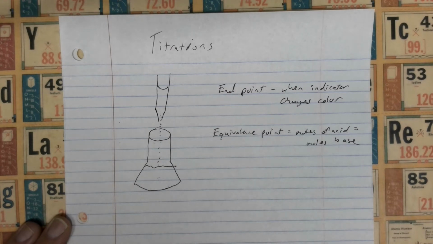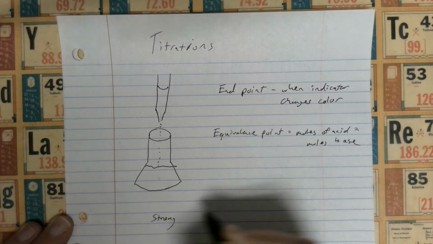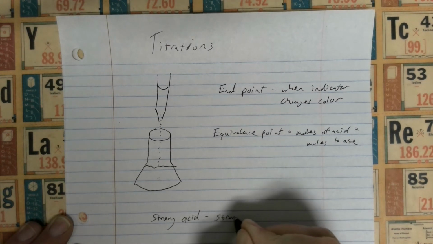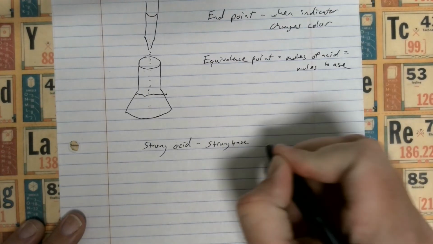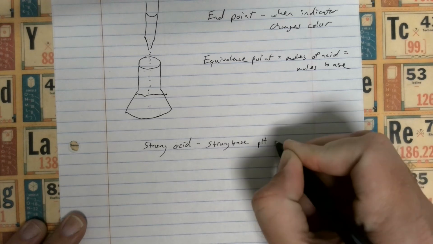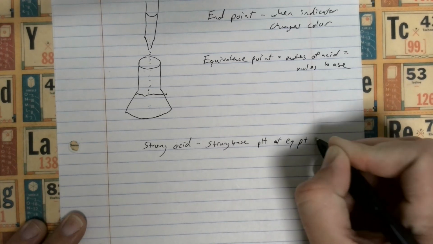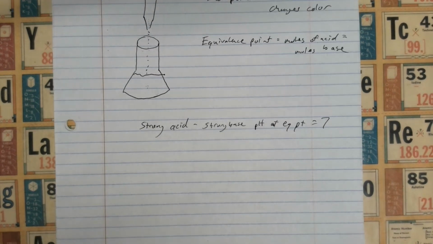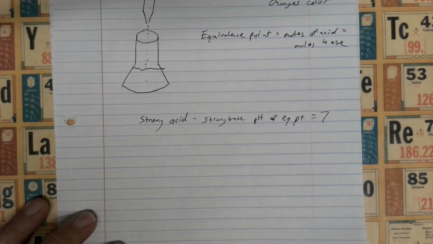Now, a couple things. If it's a strong acid, strong base titration, the pH at the equivalence point equals 7, because it should be neutral, because they're both strong here.